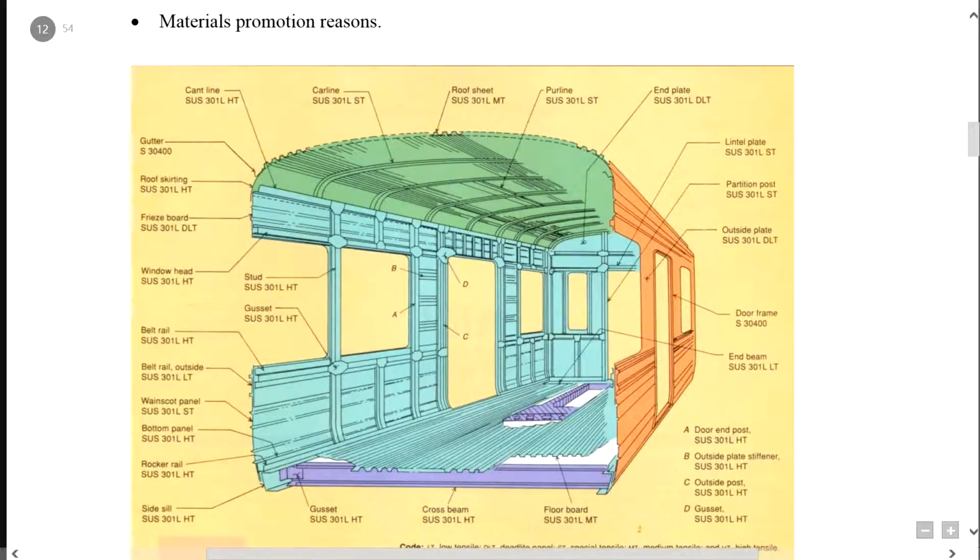This is a good picture of a train structure. It's really informative. These are all the structure.